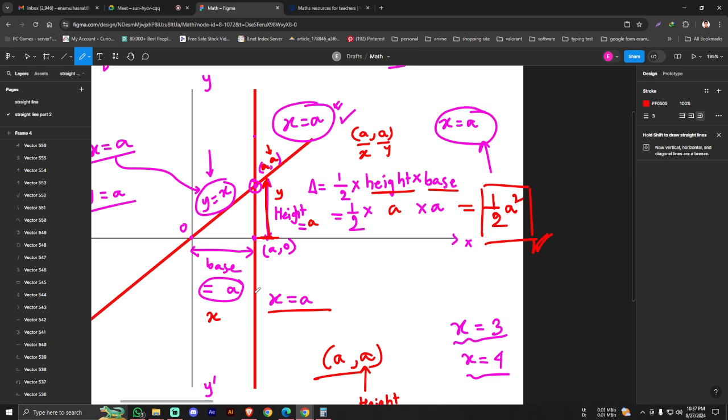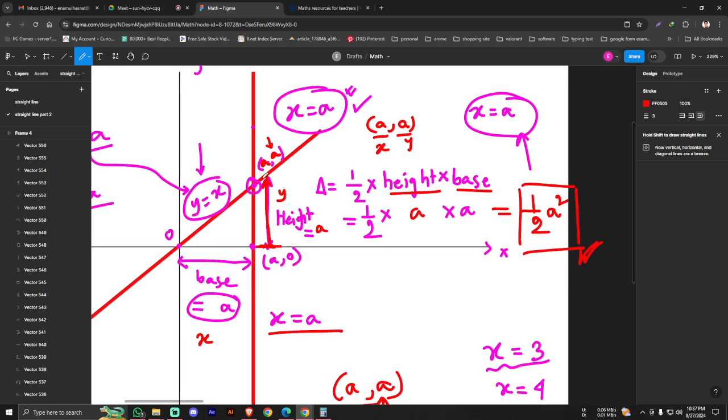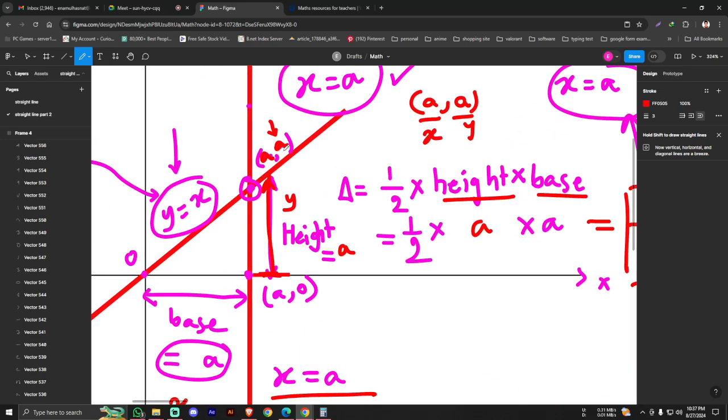So we write base is equal to a. Same thing with the height, because we know the intersecting point of the two equations is a comma a, and the second y coordinate is the answer for the height. So we're going to write height is also a.